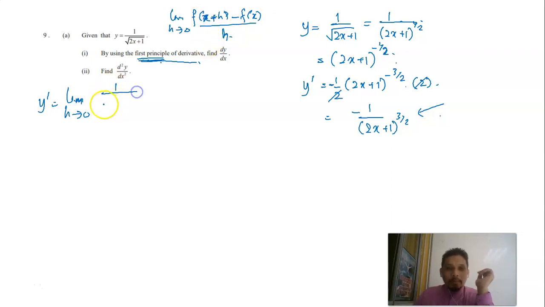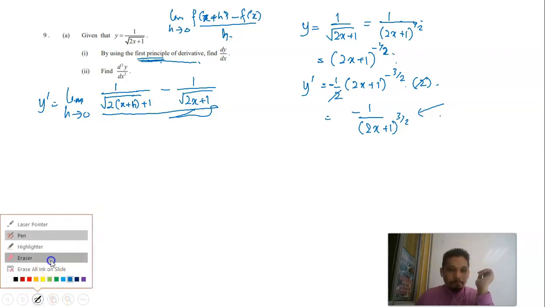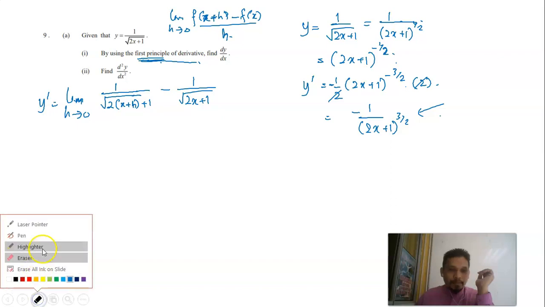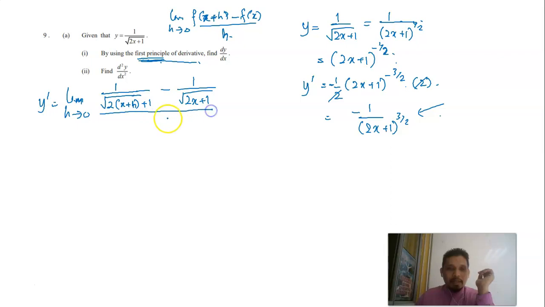So we have 1 over the square root of 2 times (x plus h) plus 1, minus f(x), 1 over the square root of 2x plus 1, and everything divided by h.